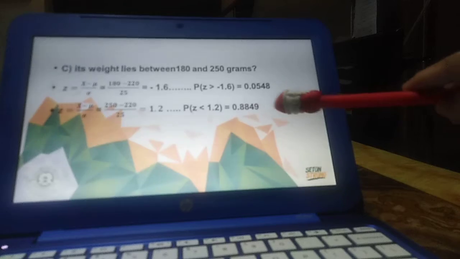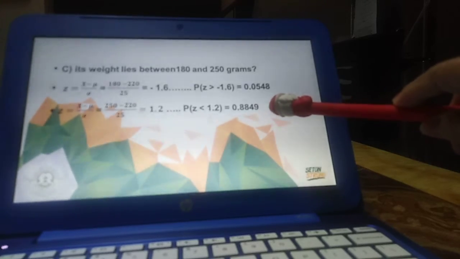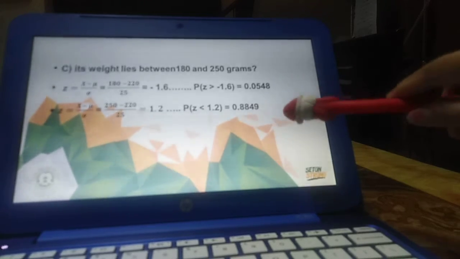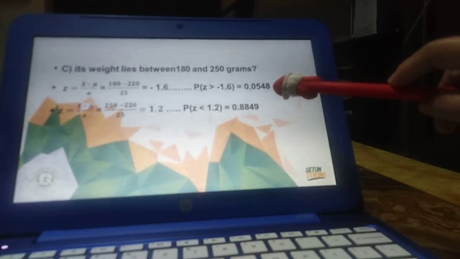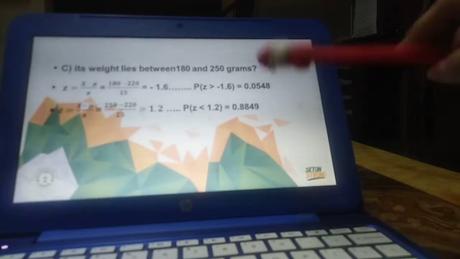From the z-table, if the z-score is 1.2, the area is 0.8849. But we're looking for the weights between, so we need to subtract 0.0548 from 0.8849.